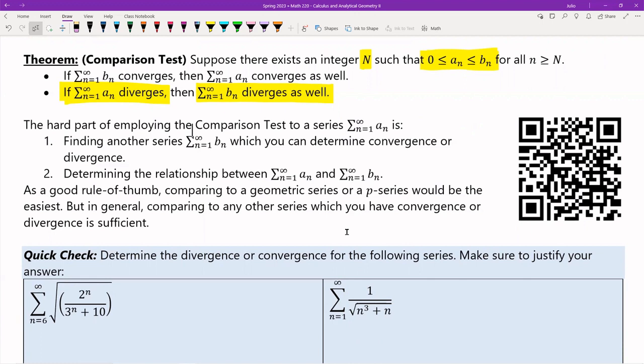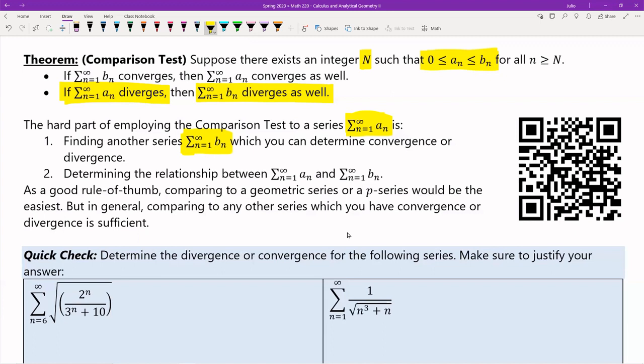Now, the problem with the comparison test. Let's say you had a series, the sum from n equals 1 to infinity of a sub n, and you wanted to use the comparison test on it. There are two hard parts. The first is finding a series B sub n for which you can determine whether it diverges or converges.